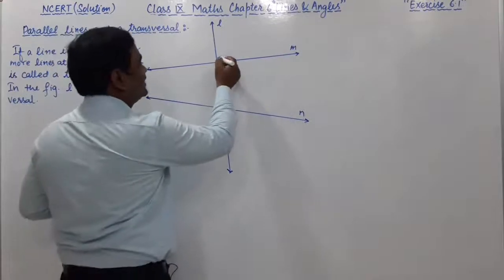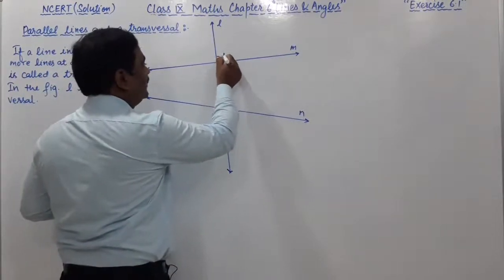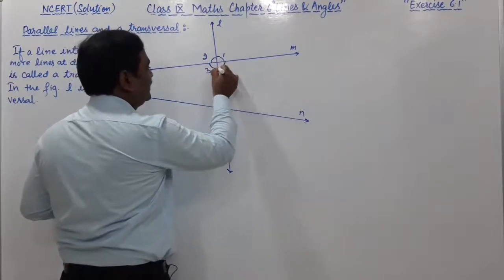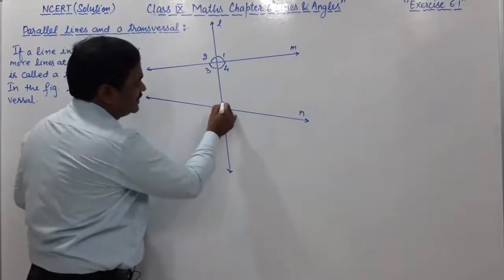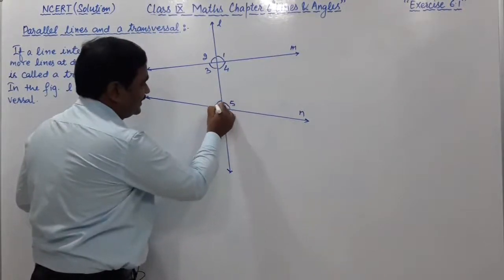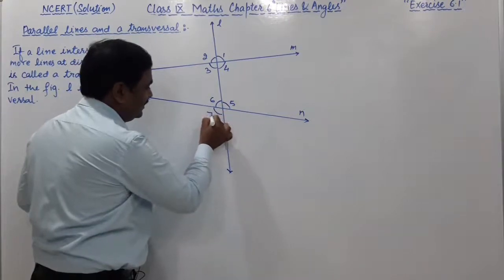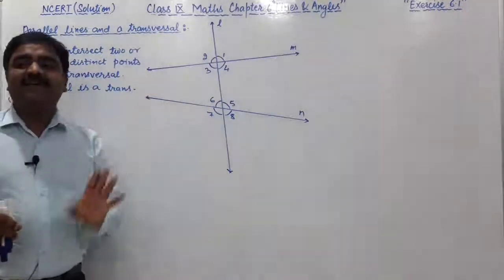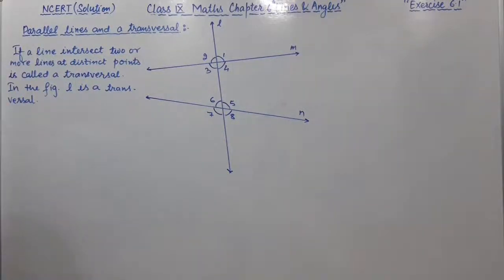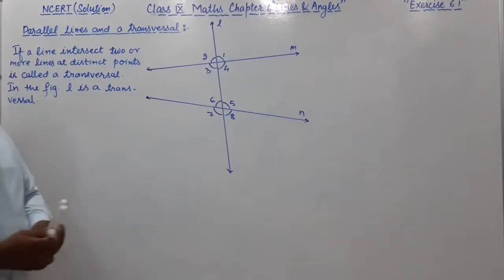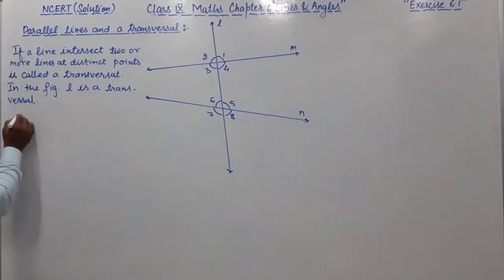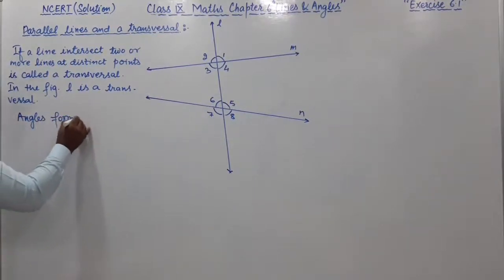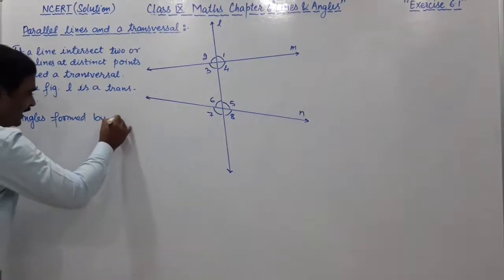Let us suppose that this angle is angle 1, this is angle 2, this is angle 3, this is angle 4. Right, friends? This is angle 5, this is angle 6, this is angle 7, and this is angle 8. So we are going to study these angles, the angles formed by a transversal.